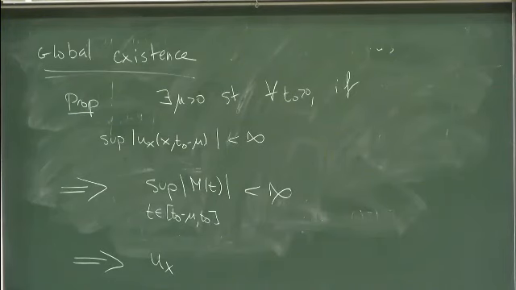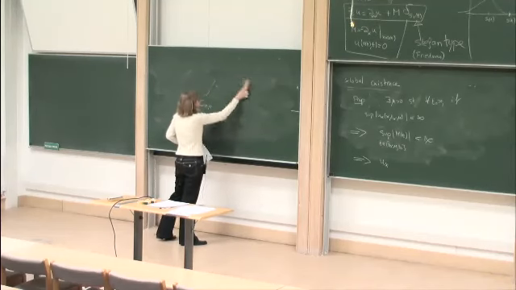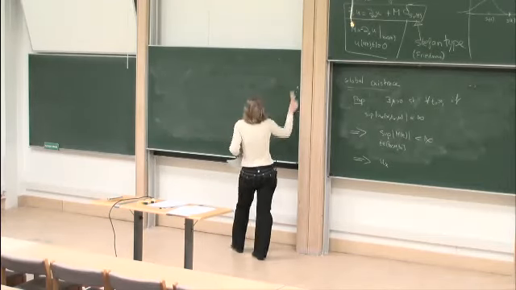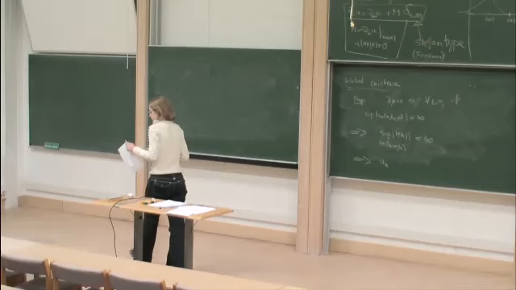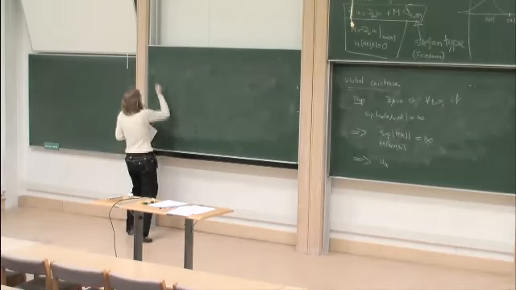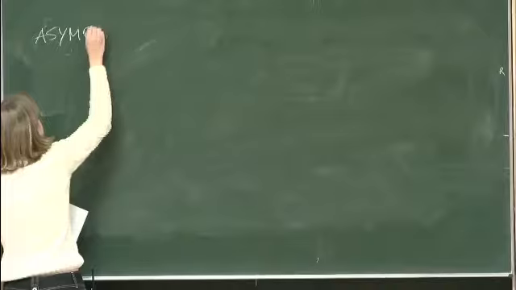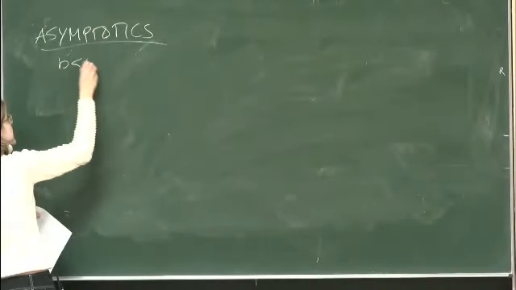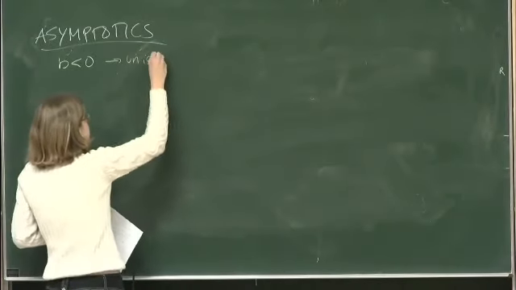Okay, so I will finish this talk with some comments on the long-time asymptotics. So as Jose has mentioned, this thing will have exponential decay to equilibrium, and since I'm looking at b negative, this thing is going to have a unique equilibrium.